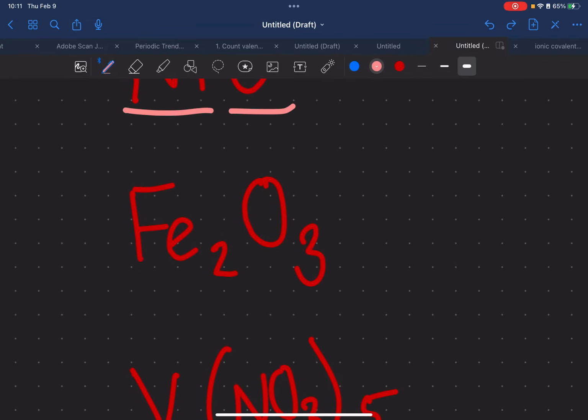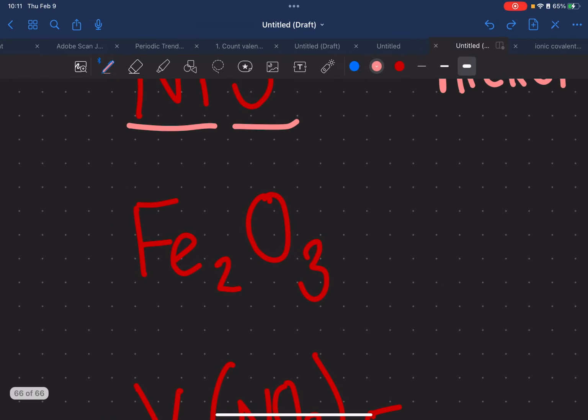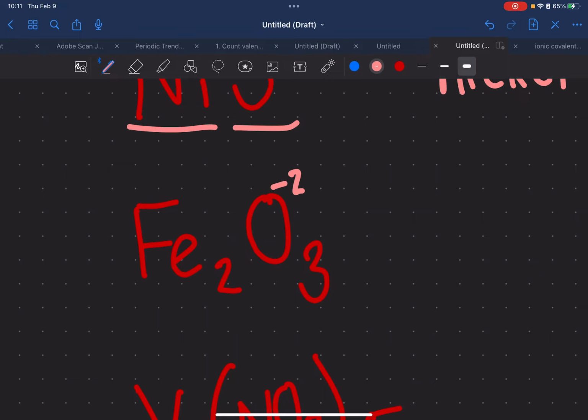Fe2O3, this one's a little tricky. Again, the transition metal here is iron, and I do not know the charge of it yet, but I do know the charge on my oxide, because oxide is always the same. It's always -2. But how many oxides do I have here? Well, I have 3.